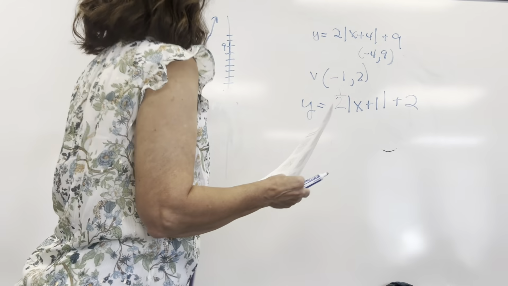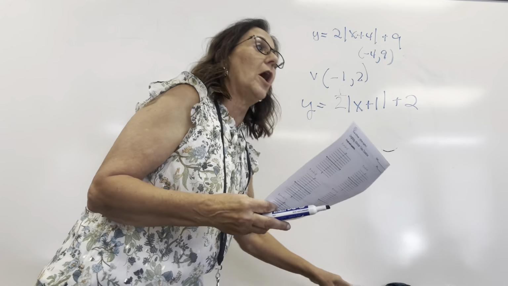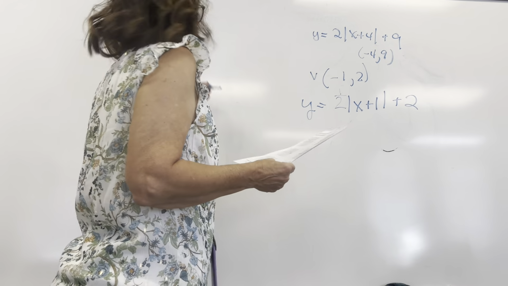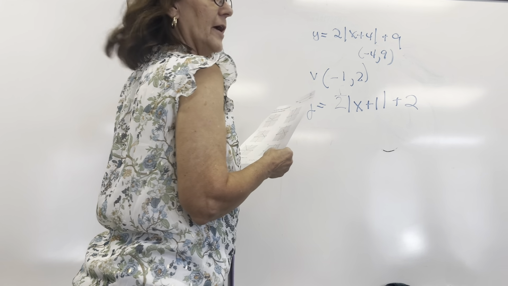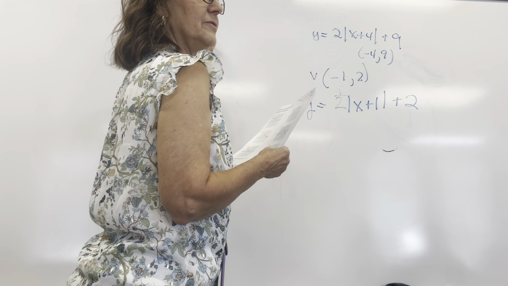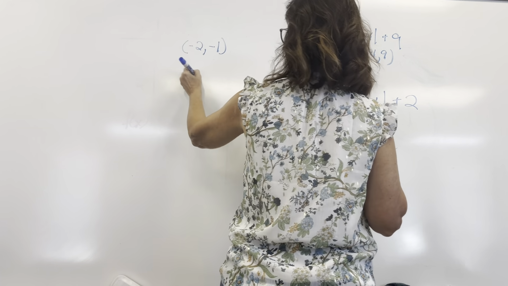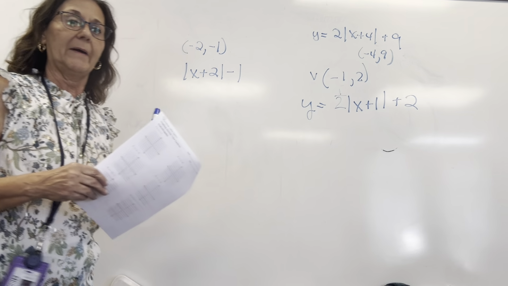All right. Look at number 2. Let's come up with the equation of number 2. Where did we start? We started by asking, where's the vertex? -2, -1. Does everybody agree? -2, -1, opposite, same. Everybody got that?